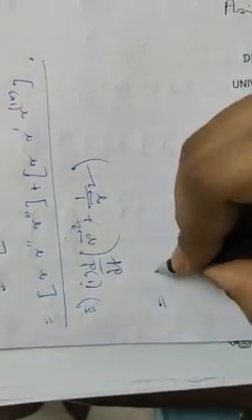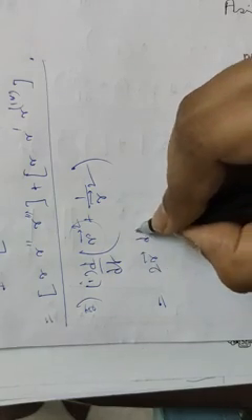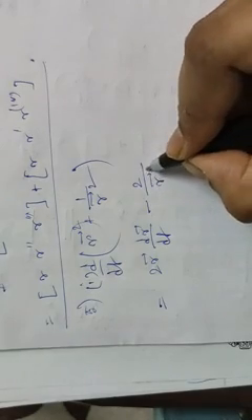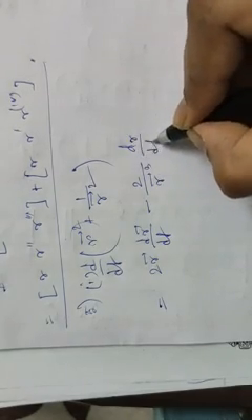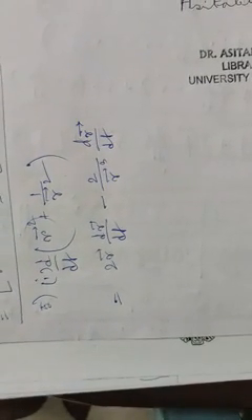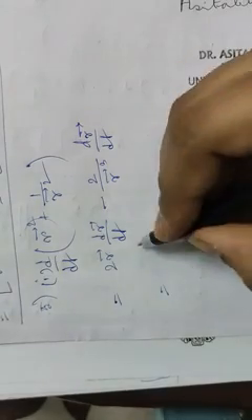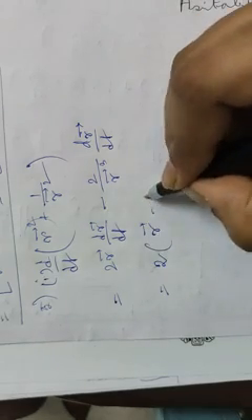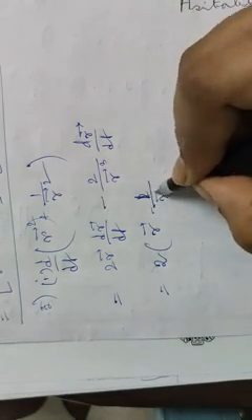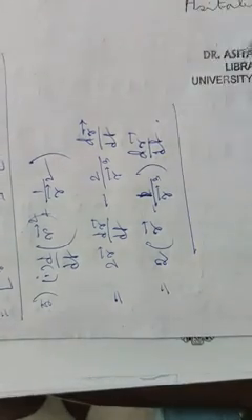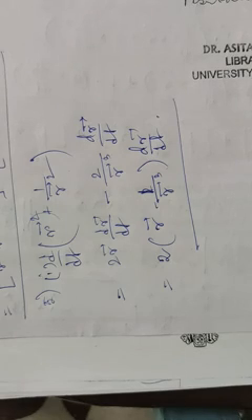What will be its derivative? 2r dr/dt, and for the second term, minus 2/r³ dr/dt, just like the concept from real analysis. Taking 2 common, it will be 2(r − 1/r³) dr/dt. That's it. This is the required result.